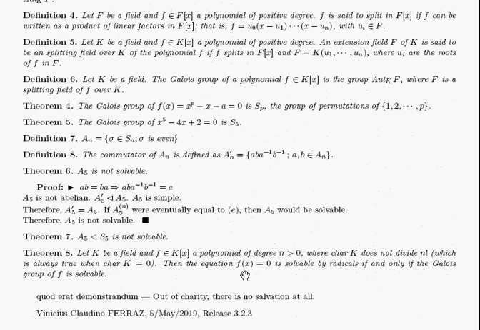Then the equation f of x equals 0 is solvable by radicals if and only if the Galois group of f is solvable. So, our Galois group of f is solvable. Quod erat demonstrandum. Out of charity there is no salvation at all.